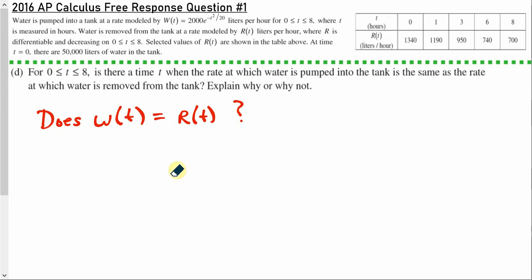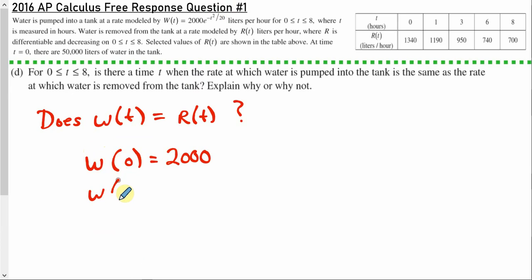Okay, well, here's what I thought about. I've already graphed this, so I already know what it looks like, but I'm going to plug in 0 for W, and I find that I start with 2,000.